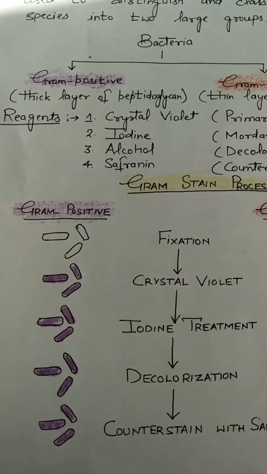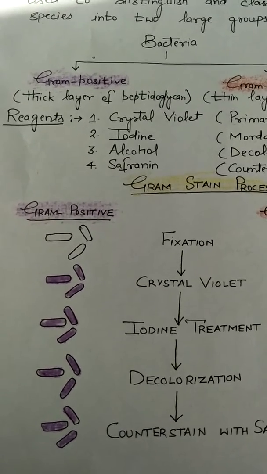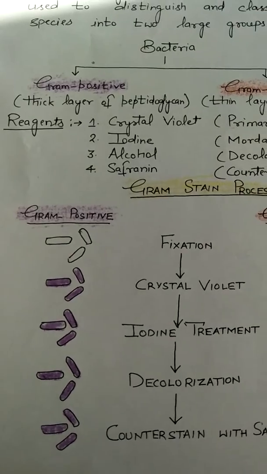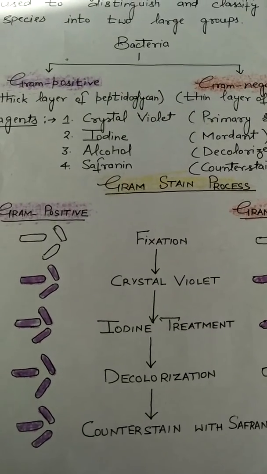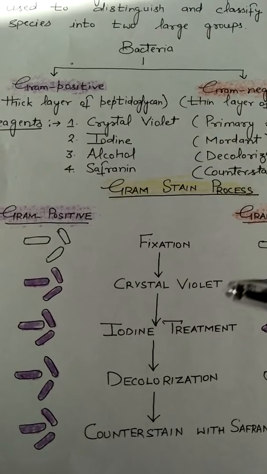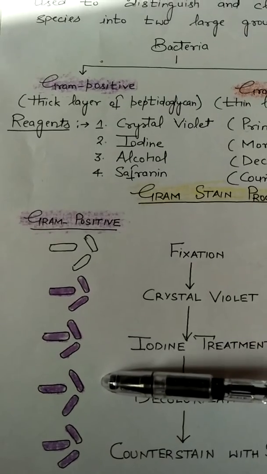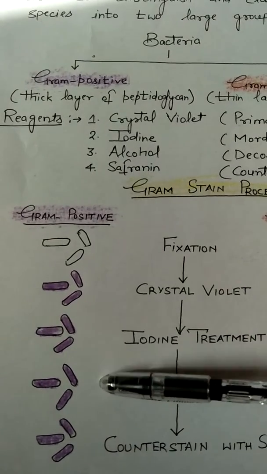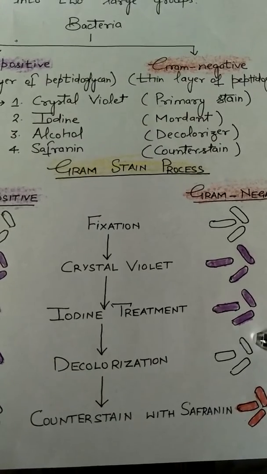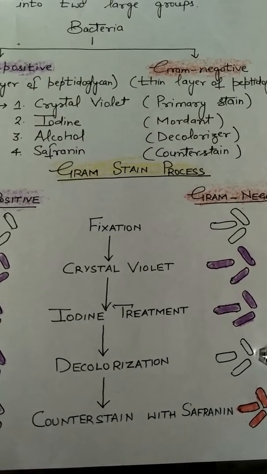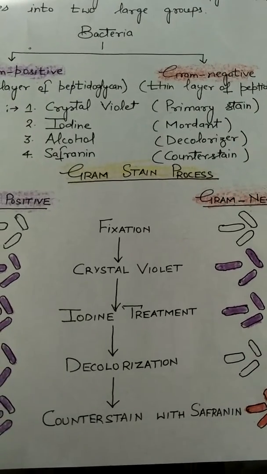The large crystal violet iodine complex gets trapped within the cell wall of gram positive bacteria here. So you can see here after decolorization, the gram positive cell remains purple and gram negative cell loses its purple color. So the bacteria appear colorless here, right?